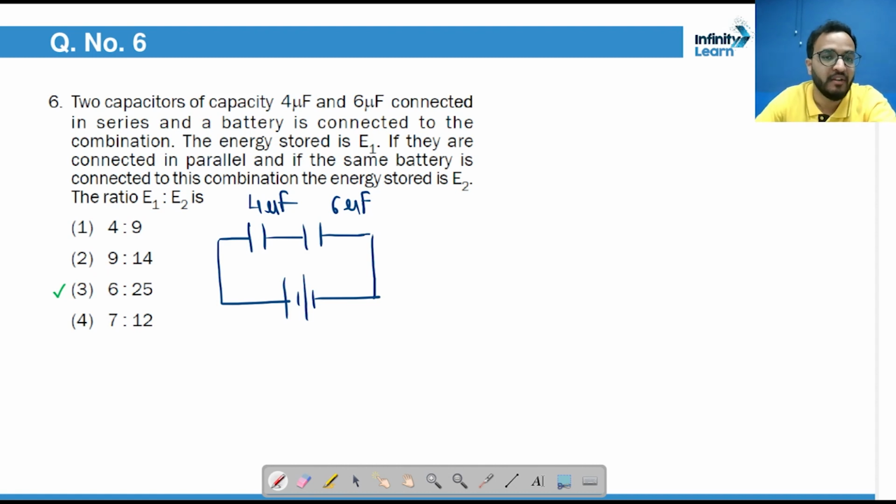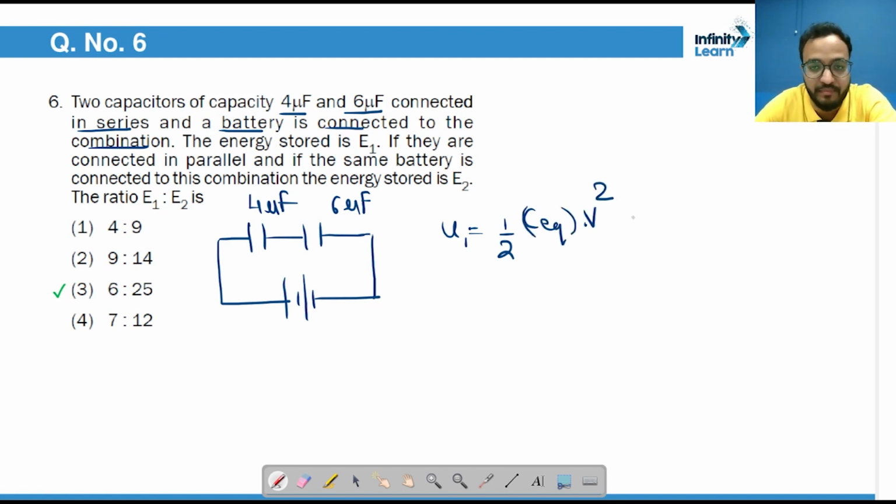Okay, fantastic. So two capacitors of capacity 4 and 6 are connected in series and a battery is connected to the combination. See, initially energy will be half into C equivalent into V square, right? We are going to use this formula. Now when they are in series, what is C equivalent?